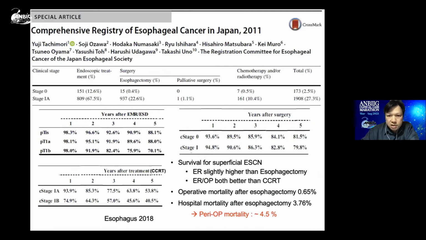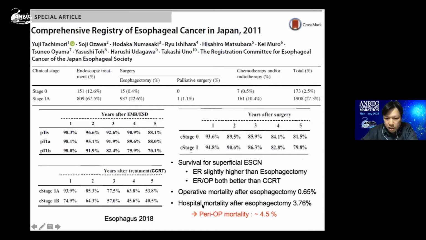The logistic data from Japan show that for superficial esophageal cancer, the survival is good for endoscopic resection or operation, but the survival is not so good if you choose CCRT.